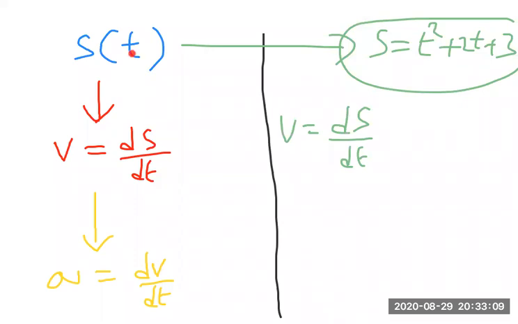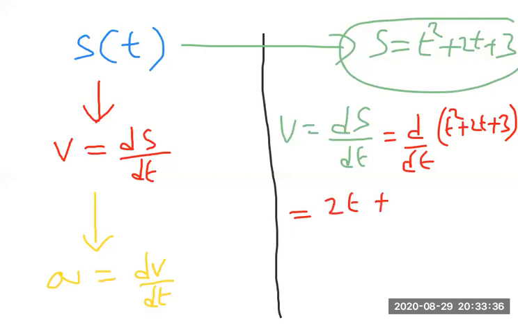So d by dt of t square plus 2t plus 3: d by dt of t square is 2t, d by dt of 2t is 2, and d by dt of a constant is 0. Like that we can do.